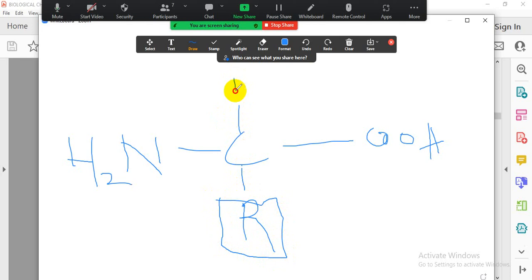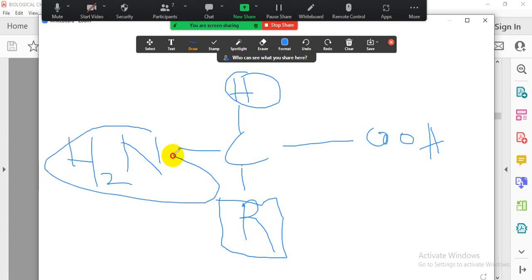This H is always H. It doesn't change. This one does not change. This one too does not change. The only one that changes is this.